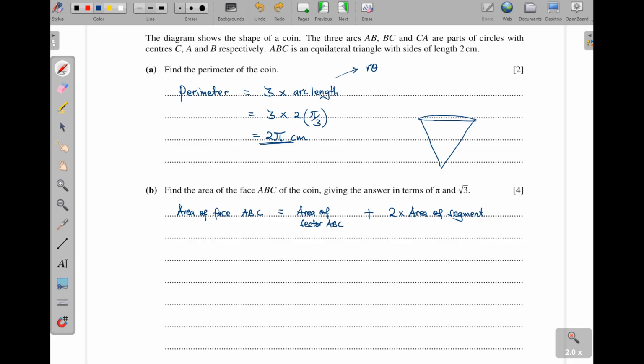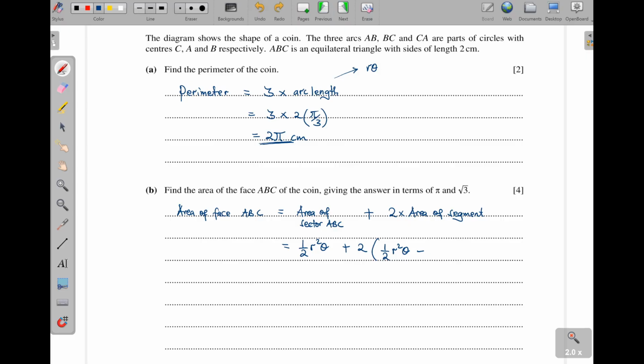You see that? Okay, so area of a sector is a half r squared theta. Okay, and then this one here being area of the segment is going to be area of the sector, which is a half r squared theta, then minus area of the triangle.